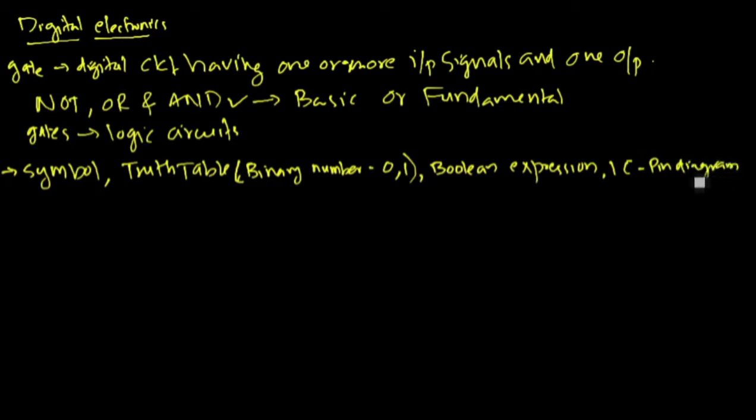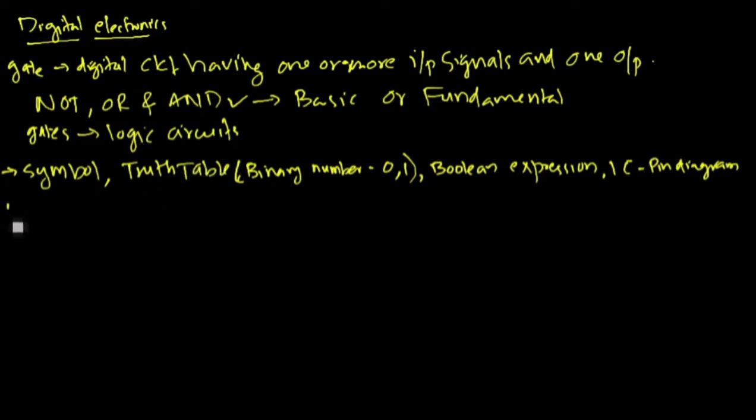So these four things we will discuss for each basic gate: the symbolic representation, the truth table, the Boolean expression, and the IC with its pin diagram and IC number.